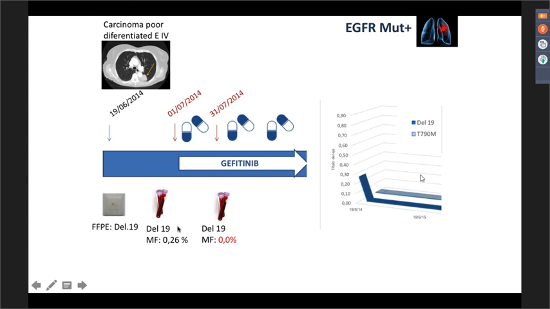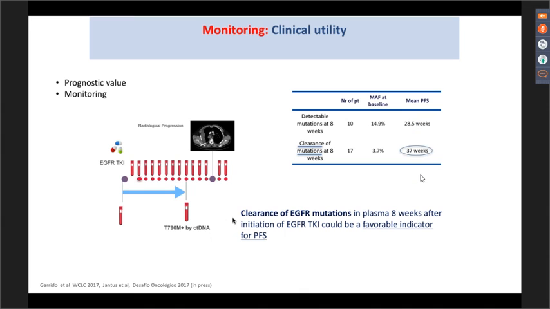This was the mutant fraction that we found before the starting of the treatment, and 1 month later, the mutant fraction was completely negative. There was a complete clearance of EGFR mutation in the plasma when we analyzed this sample.